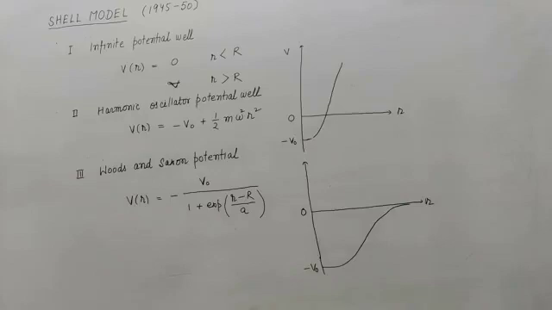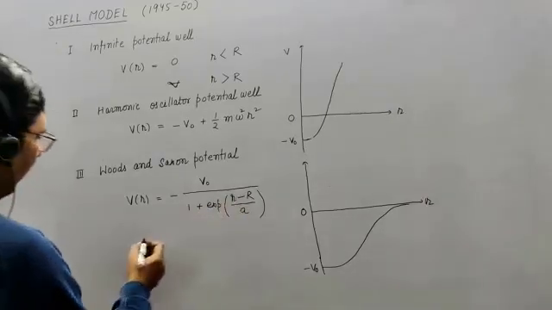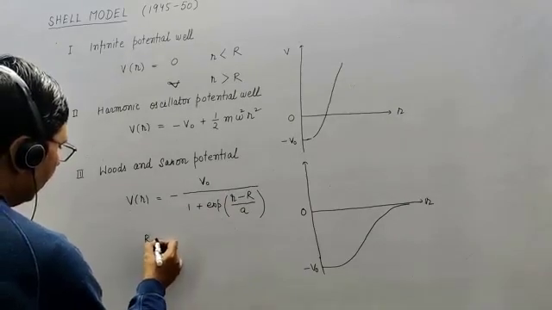These are the three important potentials that people chose. They substituted these potentials in the Schrodinger equation, solved it and found the energy eigenvalues. Here I want to give you some parameters, like this capital R, the radius of the nucleus.